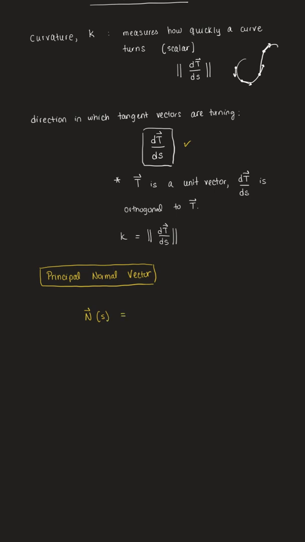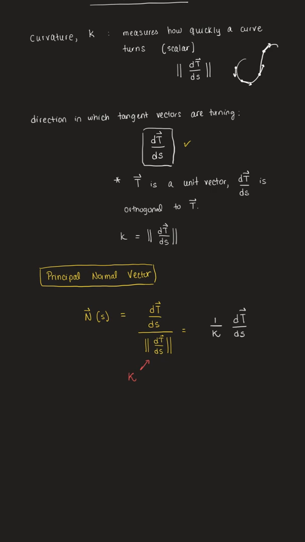This is by definition the direction in which the tangent is turning, but we're going to divide by the magnitude of the vector in which the tangent is turning. And so this will give us a unit vector. That magnitude is kappa. So we define the unit normal as 1 over the curvature, because we're dividing by the magnitude, times the rate of change of the tangent with respect to the arc length.